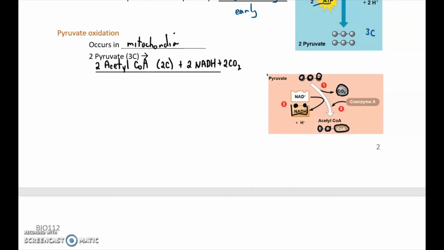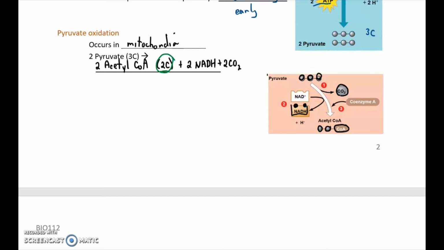So just a little comment about our accounting here. When I put the 2 carbons here, that means it's a 2-carbon compound, just so we can keep track of how many carbons we've got. We start with 6, then we have 2 molecules of 3, and now we've lost a CO2, so we've got acetyl-CoA, which is a 2-carbon fragment.